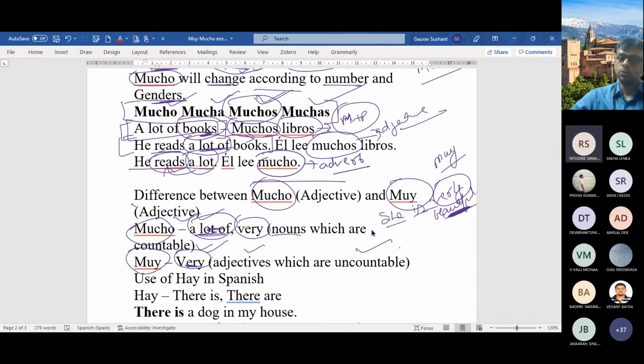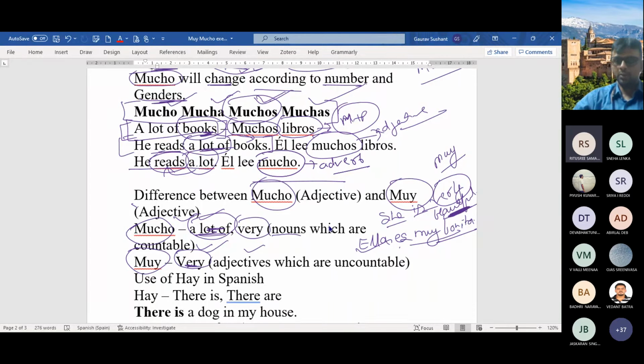So that's why it will be ella es muy bonita. Like that you can think of other adjectives also, like she is very rich. There also you will use muy, or he is very, let's say, intelligent. There also we are using muy. All these adjectives are uncountable, so you have to use the word muy for that.